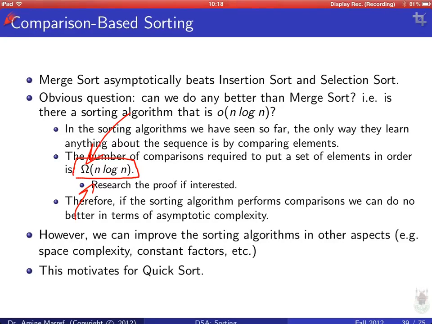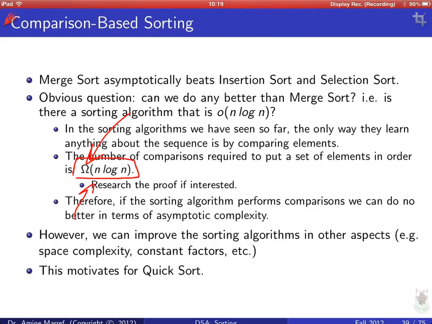Now, there are other sorting algorithms which are not based on comparing keys to each other, but they are not general sorting algorithms. You cannot always use them. You only use them in specific cases. For example, the input has only 3 different values. If all the elements in the sequence are either 1 or 5 or 100, then you can sort these in almost linear time.